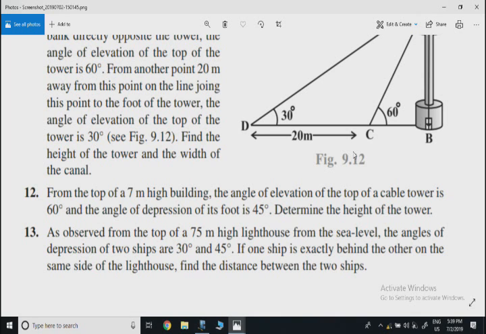Presidency, are you getting the answer? What happened? Any doubt, Presidency College? And Kohima?